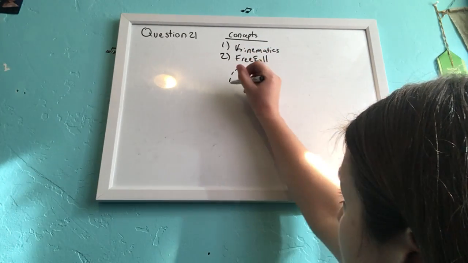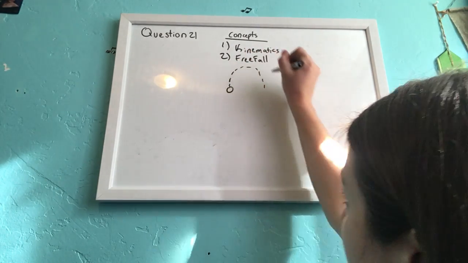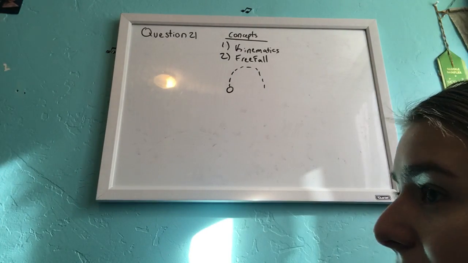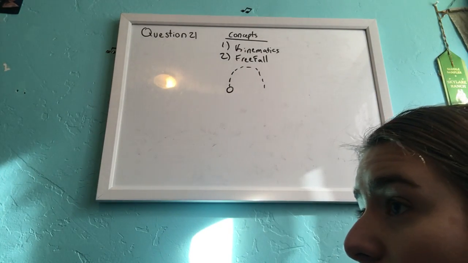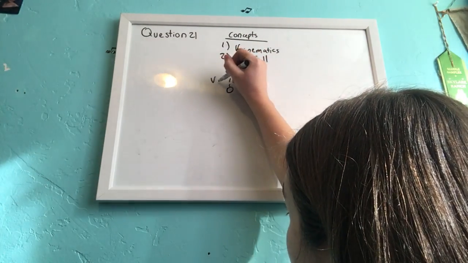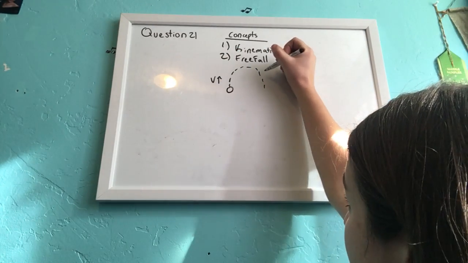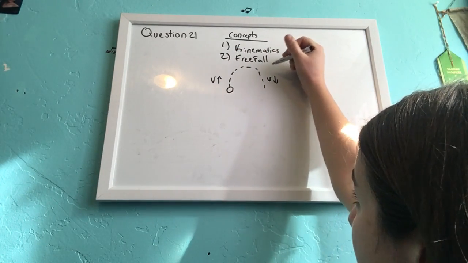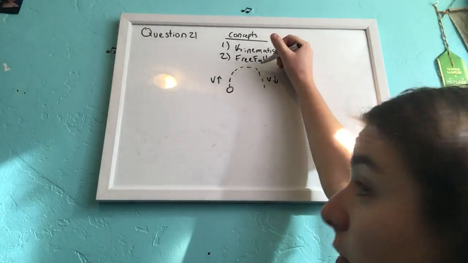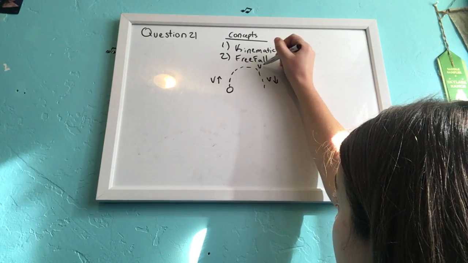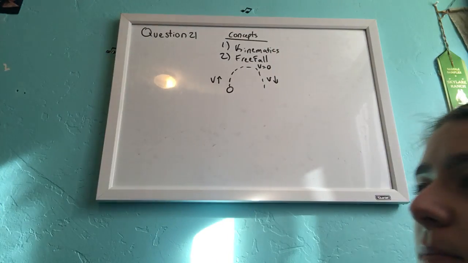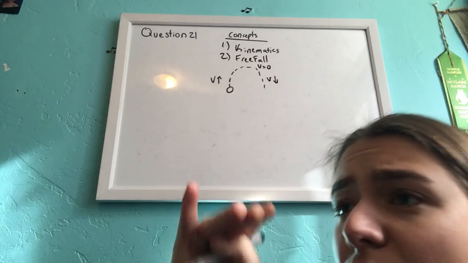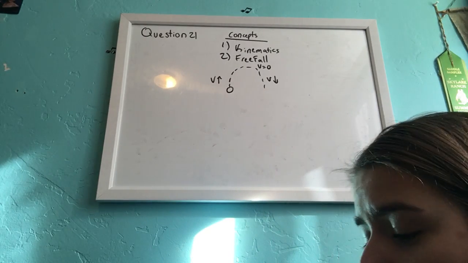This is a ball being thrown into the air. For the velocity in the y direction, velocity is going to decrease as it goes up, and then increase as it goes down, and at the top here, the velocity in the y direction is going to be 0, because, as you can see at the top, there's no movement in the y direction.